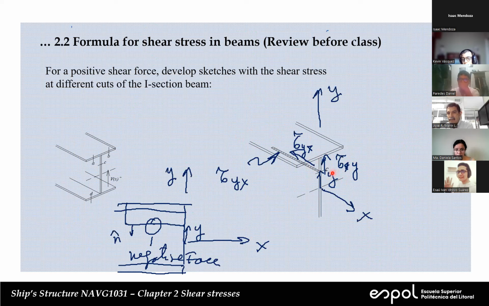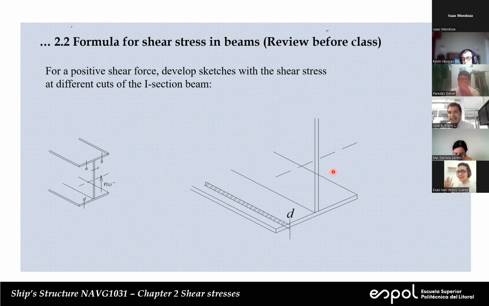So we can more or less have a general idea of the distribution of the shear stress on the section. That is something we were looking for. So let's take a 5-minute break, and please think about this. The first thing I want you to think is, what is the segment that I want to be in equilibrium?